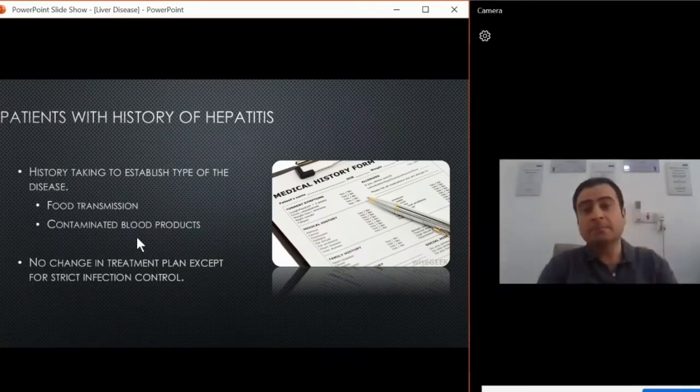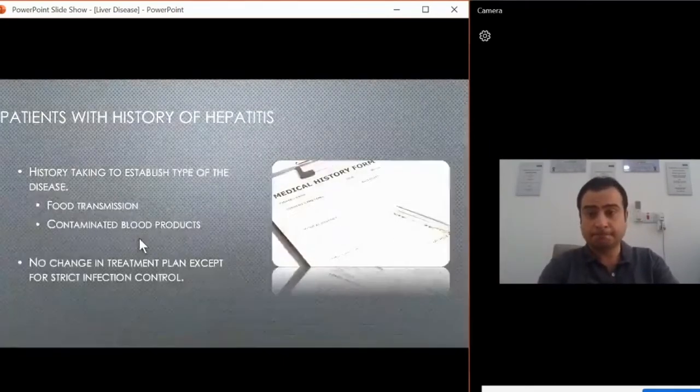Patients who have anemia, like severe sickle cell anemia, which requires several transfusions, might have a contaminated blood product transfused to them, and they will eventually have hepatitis B or C or sometimes even HIV. For those patients, we need to establish whether they are chronic active carriers or not, which we will discuss in the second slides.